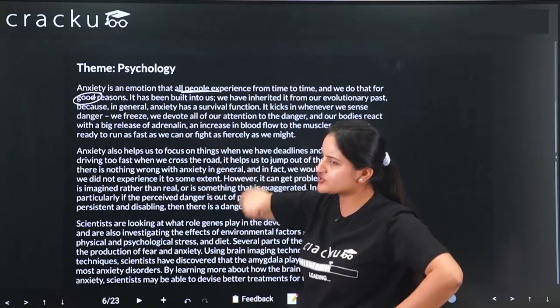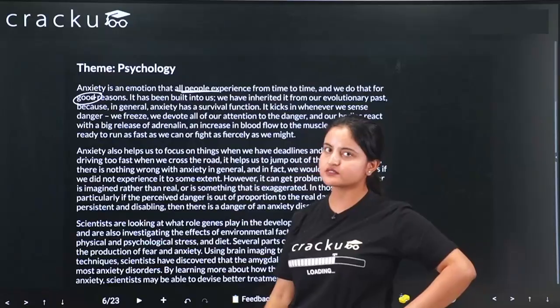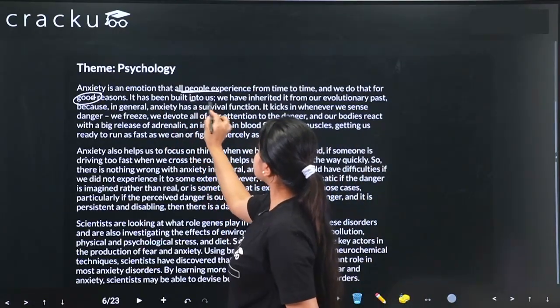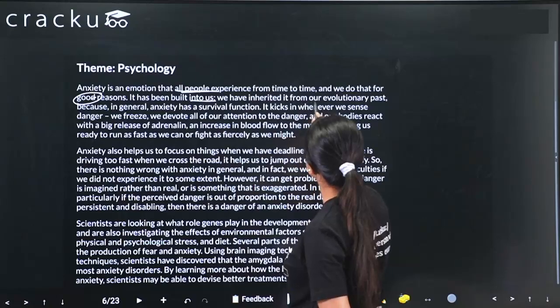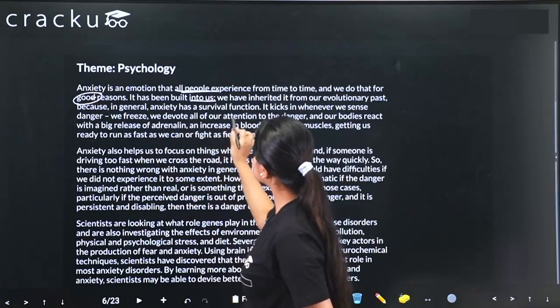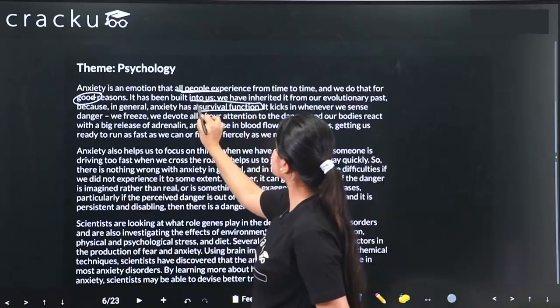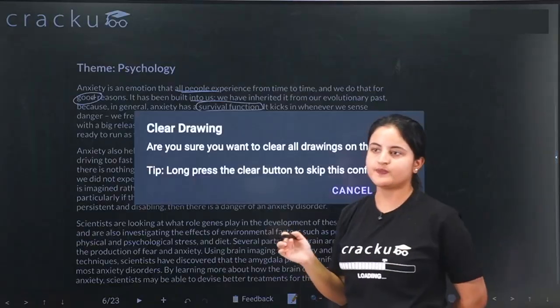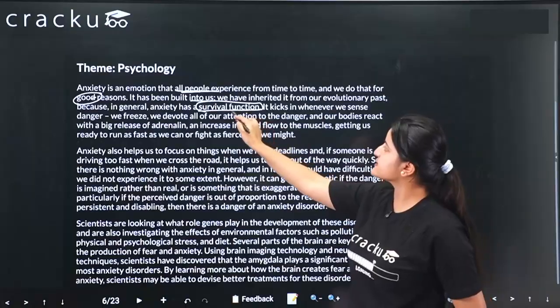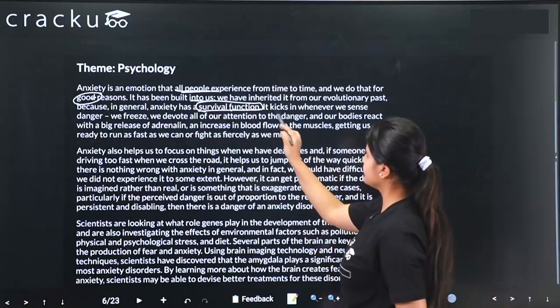How is the passage claiming that it is happening for good reasons? Let's read and understand. It has been built into us. We have inherited it from our evolutionary past because, in general, anxiety has a survival function. Now that's the idea. Why is it said that it is for good reason? Because it has a survival function.